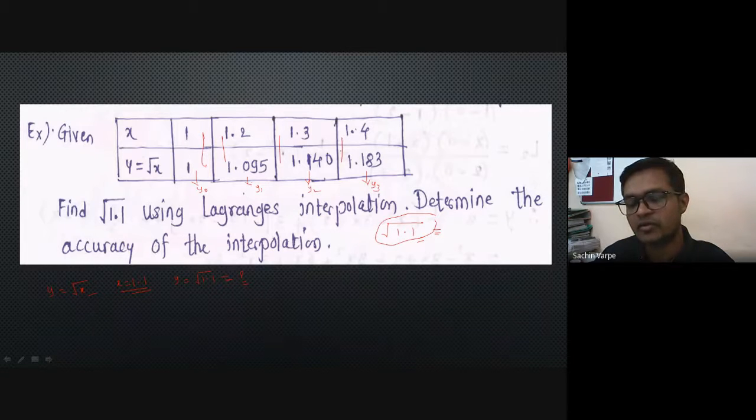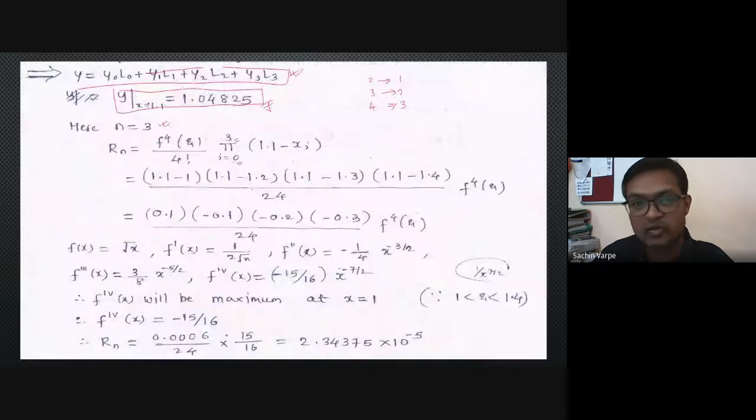So for these 4 points we will get a Lagrange polynomial of degree 3, and if we differentiate that polynomial 4 times, then what will that derivative be? Why 4 times? Because in the Lagrange remainder term we need the derivative of order 4, so we need to differentiate it.